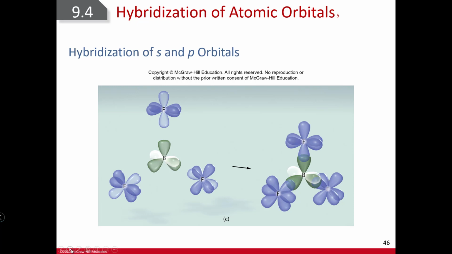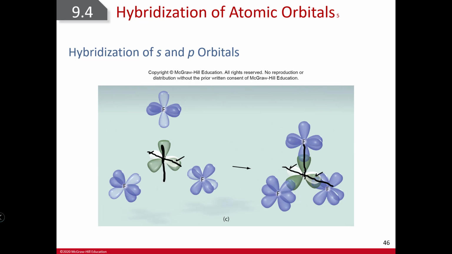Now, you say, what's this white here? Well, one of the p's wasn't hybridized, right? So this white one is an unhybridized p. There's nothing in it, but that's what they're showing with the white there, unhybridized p. And it's staying along the same axis here, unhybridized.